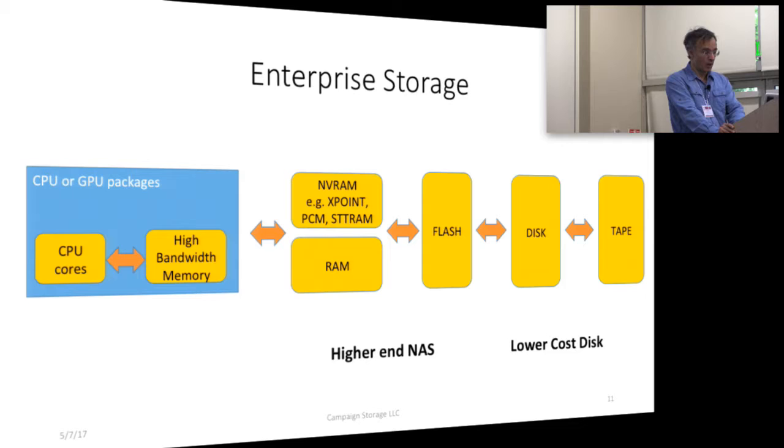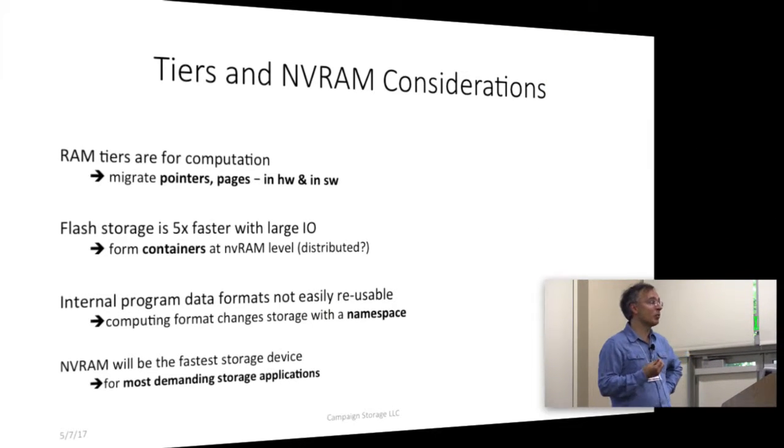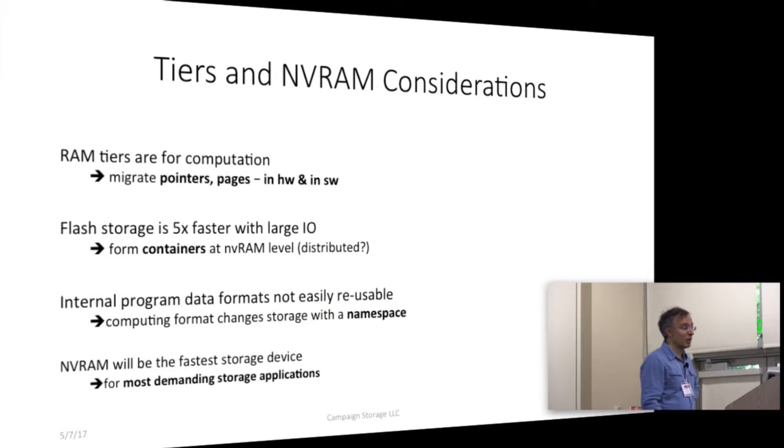When you look at tiers, there are many considerations. There are RAM tiers that are addressable, and they are primarily for computation. The idea here is that you would migrate a pointer in some program between one tier and another. For example, you would migrate it onto the chip to HBM, or you would migrate it from HBM maybe to RAM or NVRAM.